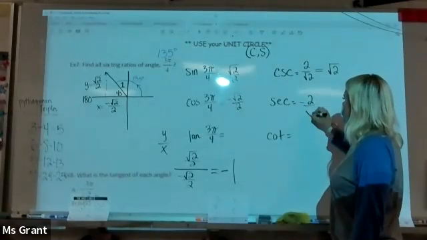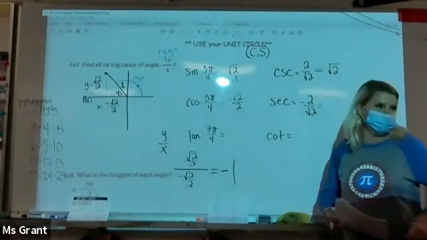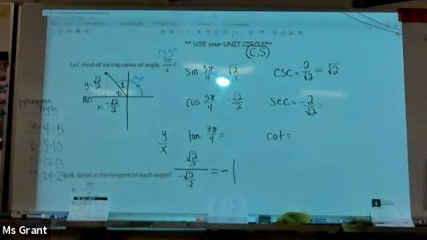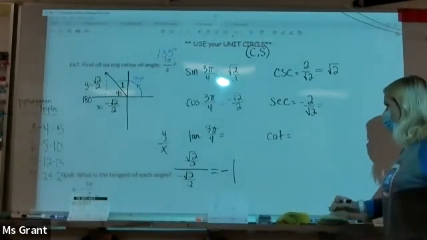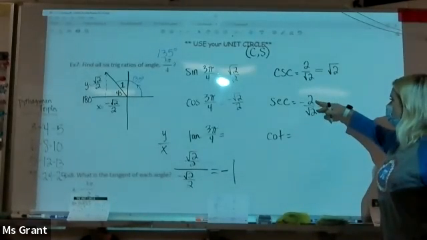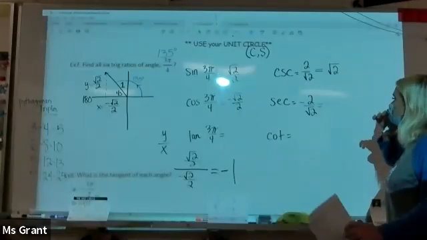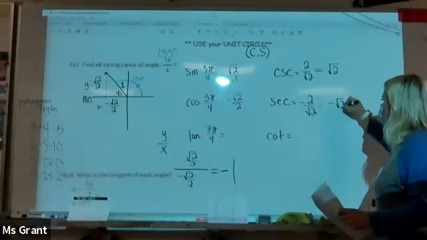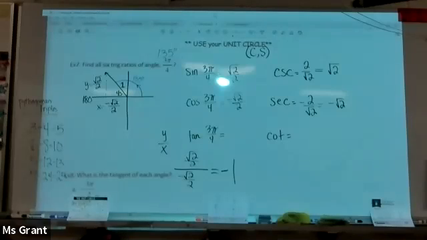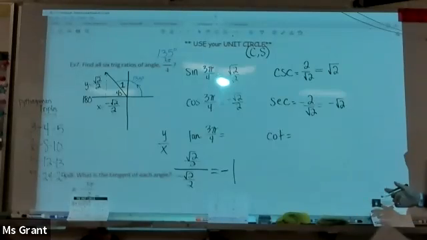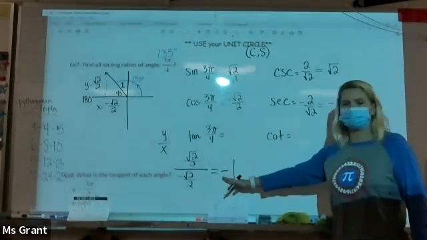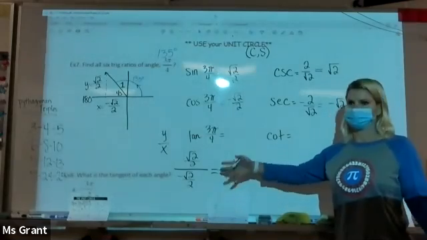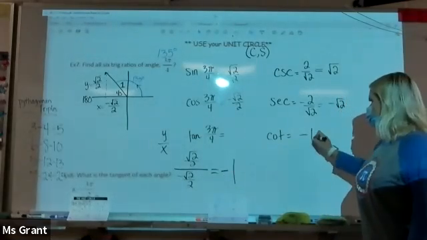The numerator is 2, the denominator is rad 2. However, I have to do the reciprocal. I work it out. The answer is negative rad 2. Cotangent. What's the reciprocal of negative 1? Negative 1.